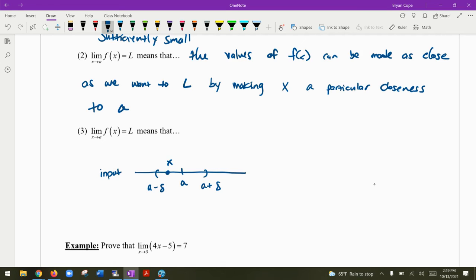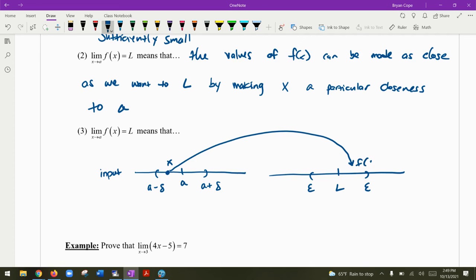When x lies in here, then that necessitates that f of x lies somewhere in there. Lies within, oh, sorry, this should be L plus epsilon and L minus epsilon. So that picture is getting at what is being said in an epsilon delta proof.